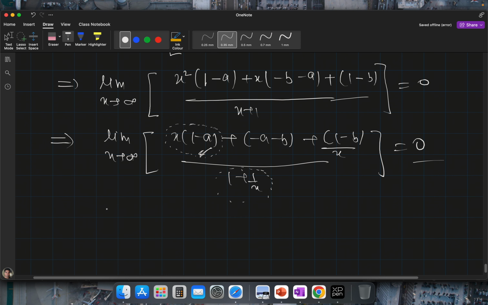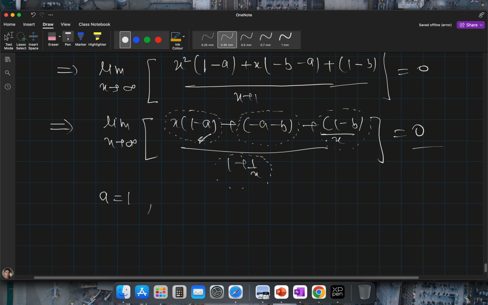So here a should be equal to 1. Now clearly, what is the condition of this term and this term? What should be the condition of this term and this term? I need the value of the limit 0.